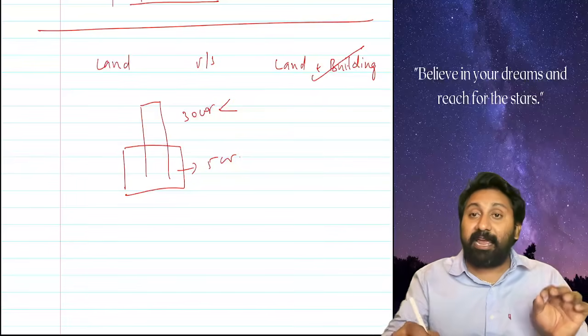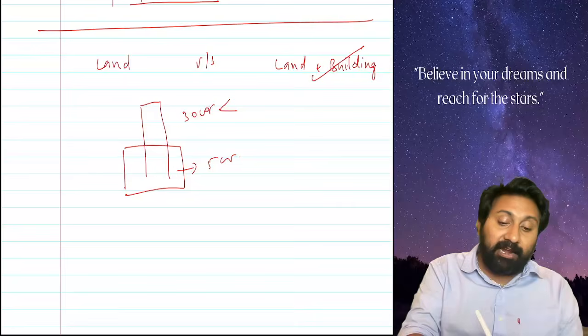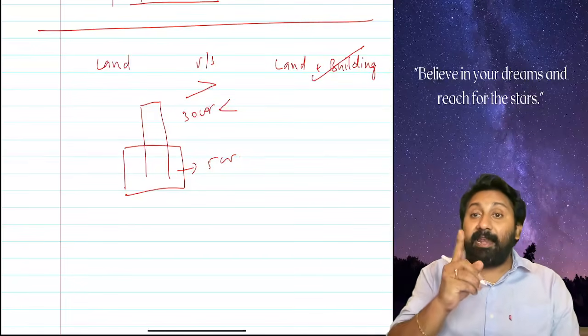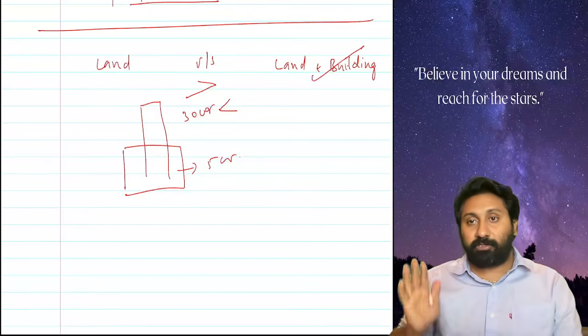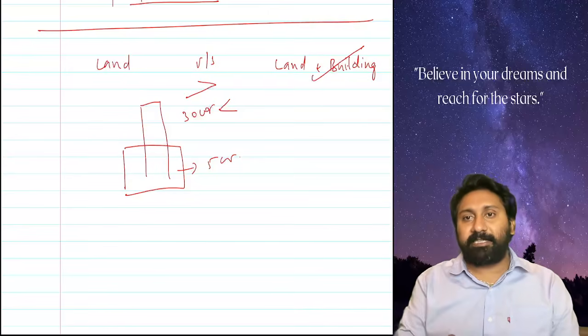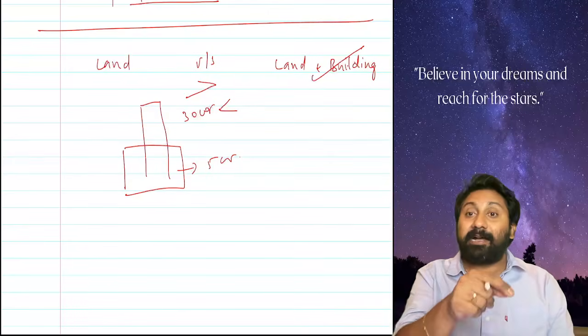This is a conventional way of thinking. But people say land has more value than land and building, because land is a natural resource, and land and building is a developed resource. When I say developed resource, it's a past tense.